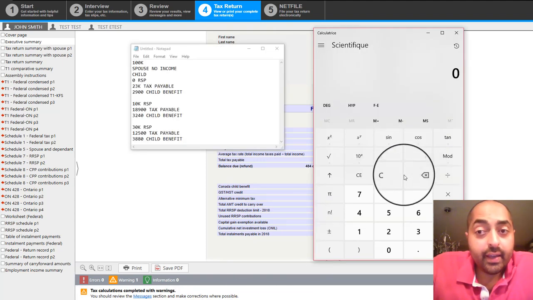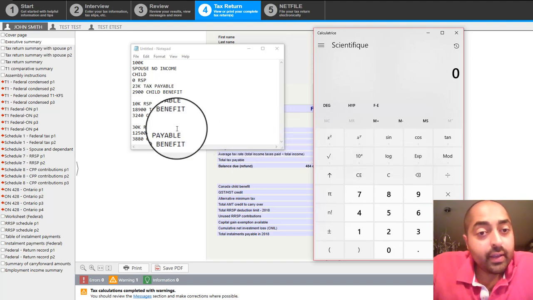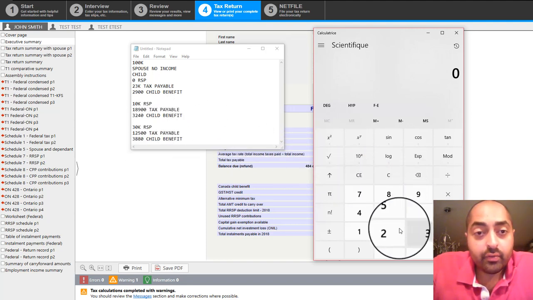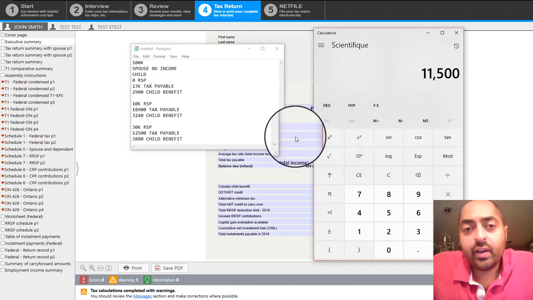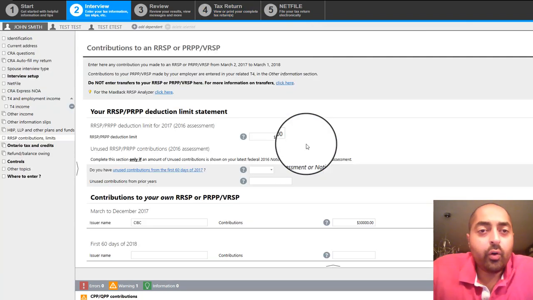So 30K compared to the zero RSP contribution gave him a savings of 10,500 in tax alone, plus a difference of 900 or 1,000 in child benefits. So about 11,500.